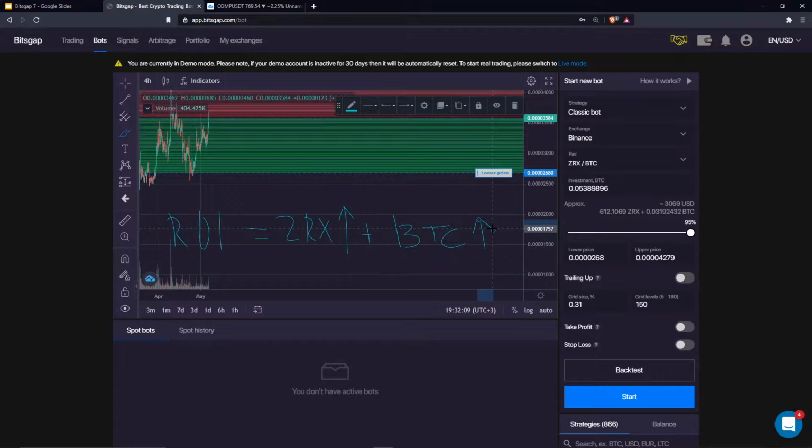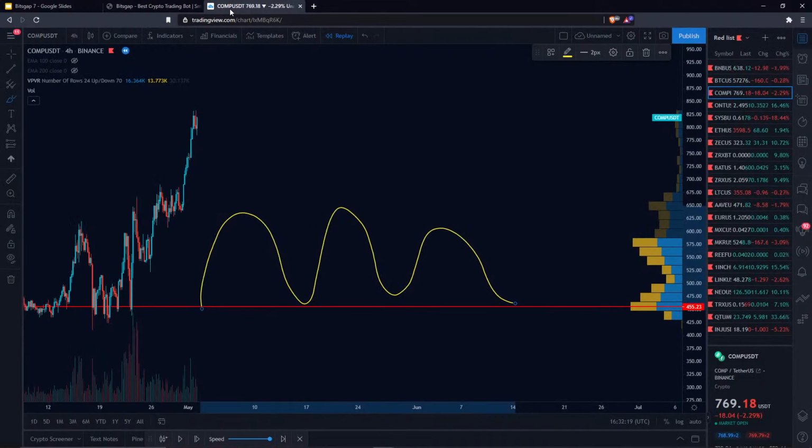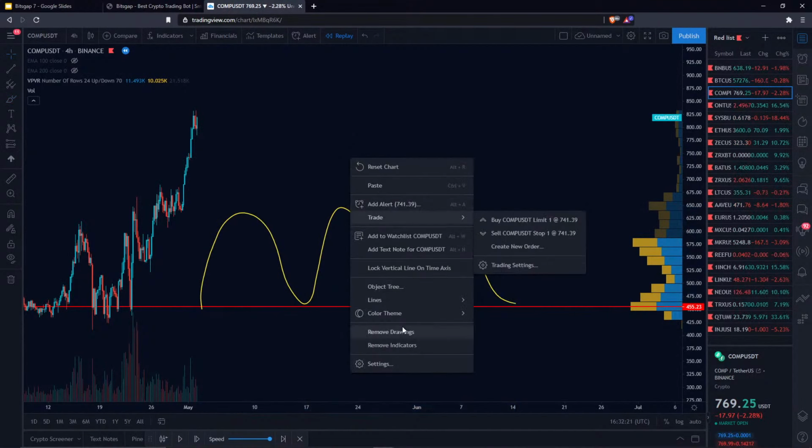So in that case, if both 0x appreciates relative to BTC, and also the value of BTC appreciates to USDT, and that's something that you can check on TradingView, by the way.